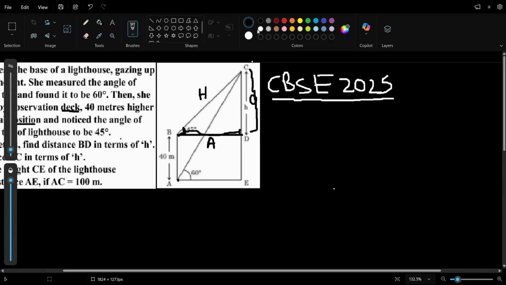So we know tan 45 is opposite, which is CD, and CD is equal to h, divided by BD. I'm supposed to write the given and all, but I'm just explaining here. BD is just BD.